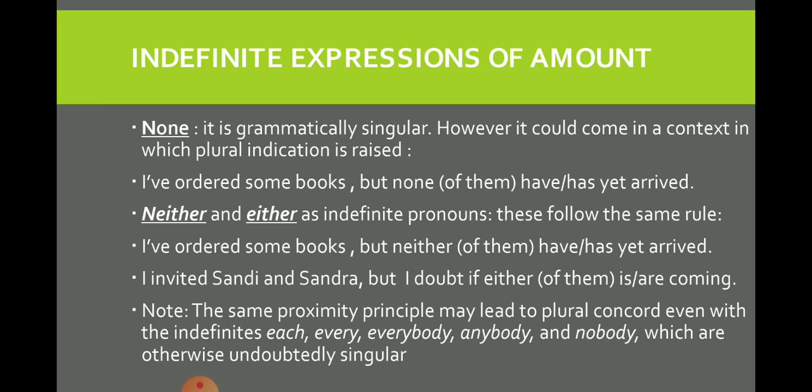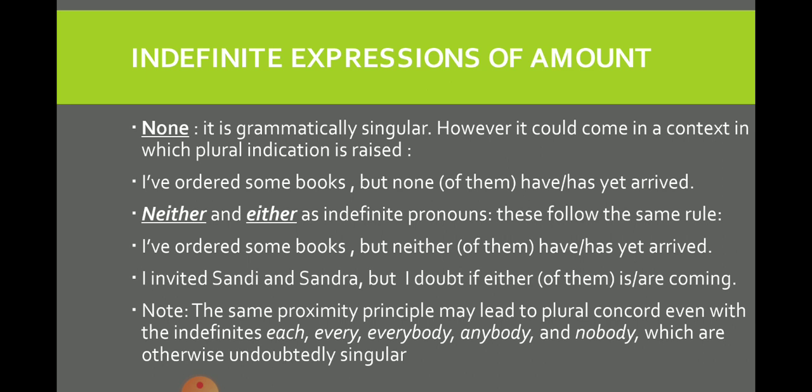They could indicate a plural meaning. I've ordered some books, but neither of them has yet arrived. So also with neither, we can use have or has. We can use plural or singular.